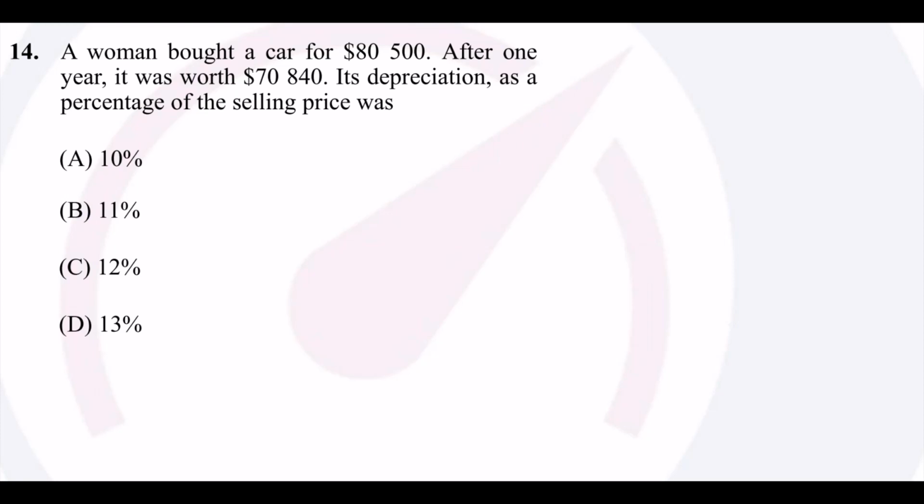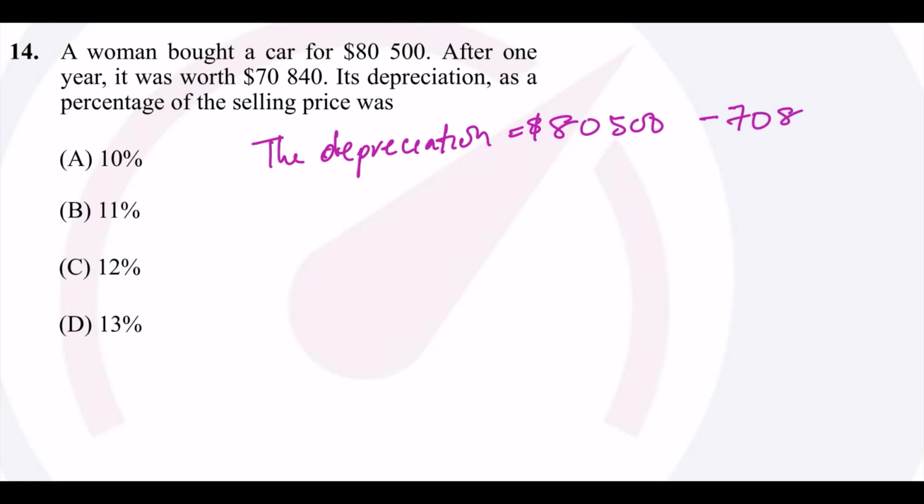So let's go ahead and calculate the depreciation. The depreciation is equal to 80,500, how much money she bought the car for, subtract 70,840, what it's now valued. What do you get from that now? Let me do it on one side while you tell me what you get.